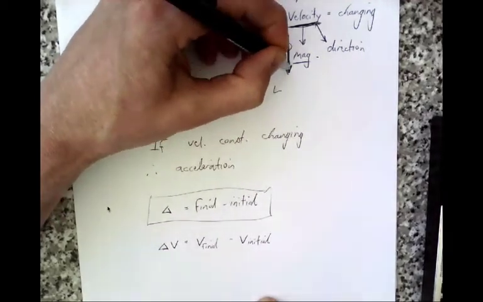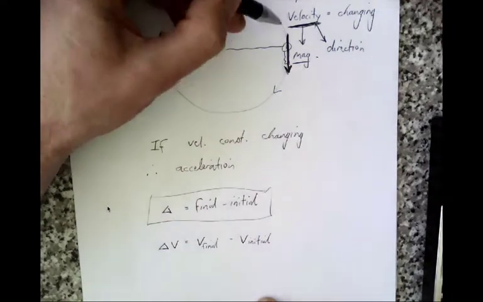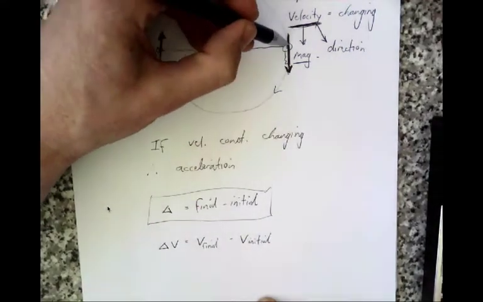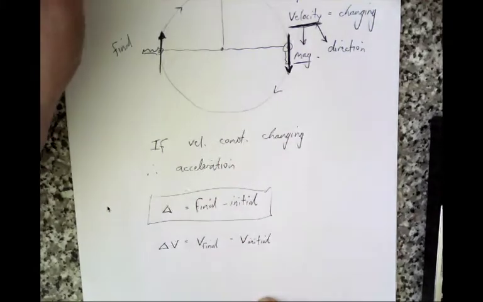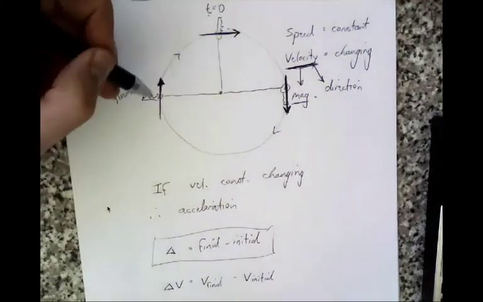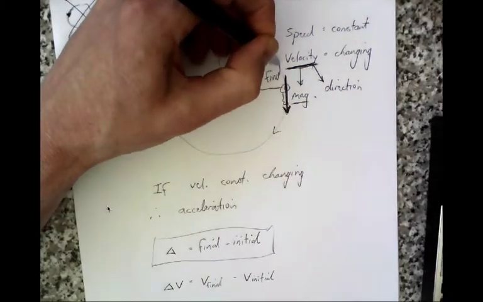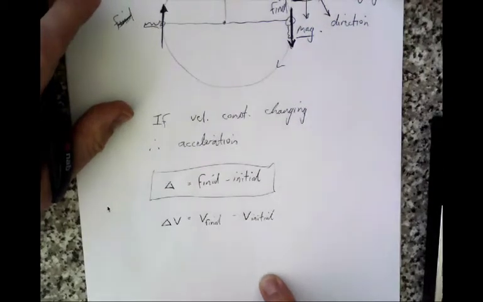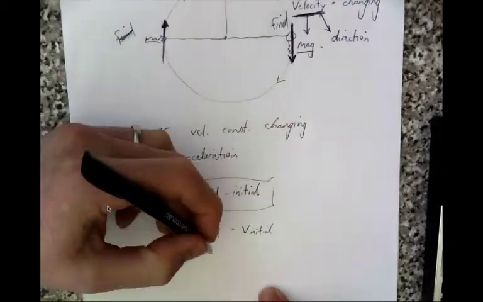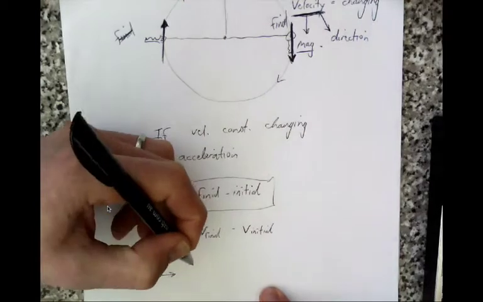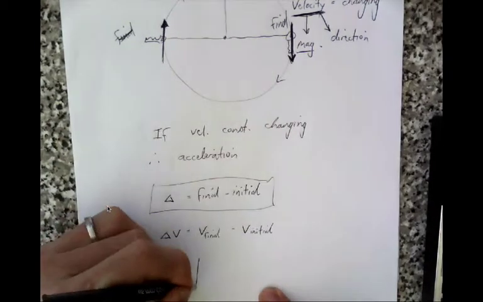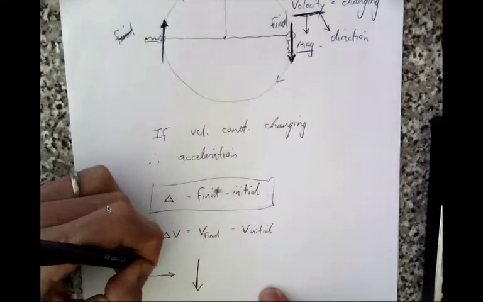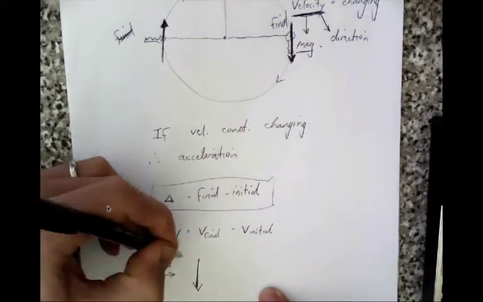At this point in time, the velocity of the object is whatever magnitude it's going to be, depending on how long it takes to go around the circle, but it's going to be straight down. So this is our initial. Let's call this one our final. Let's take these vectors down to here and deal with them. Our initial is like this, and our final is straight down.